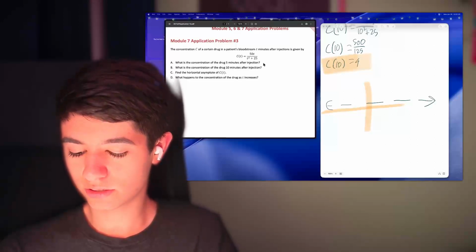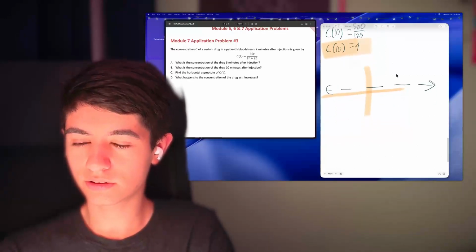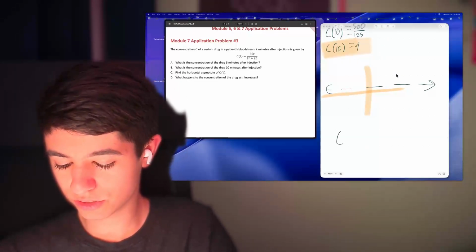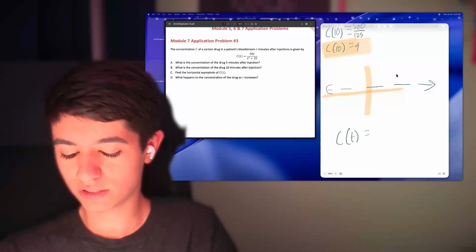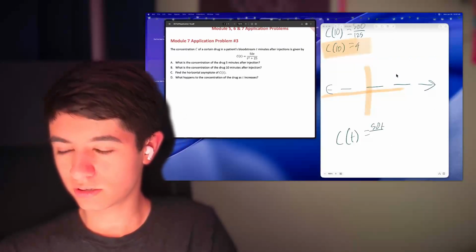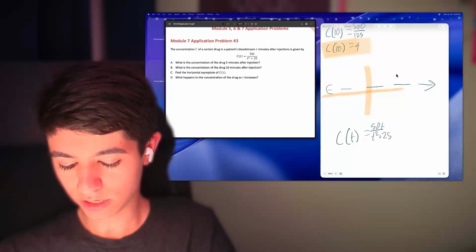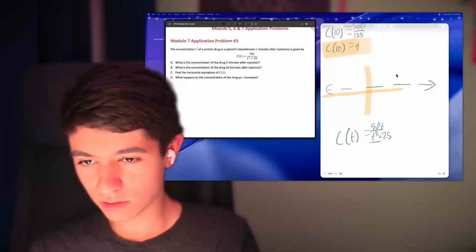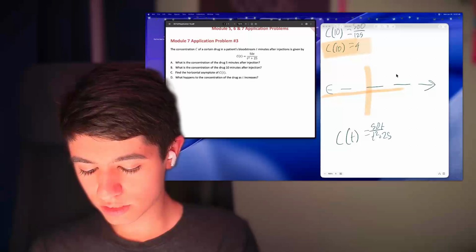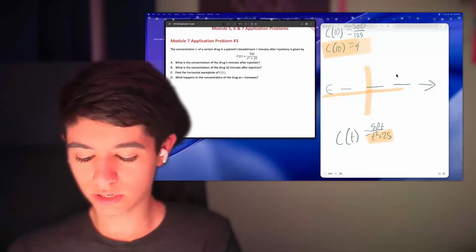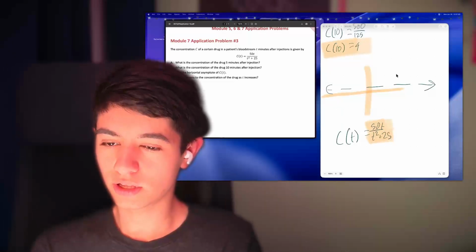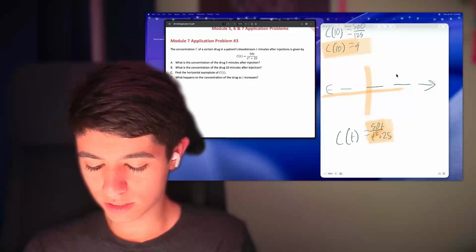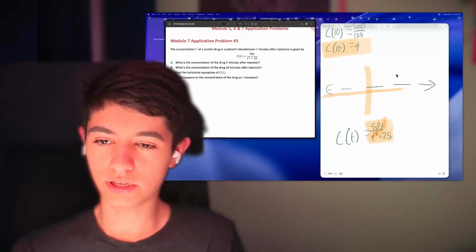because looking at the function, let's rewrite it down here. C of t equals 50t over t squared plus 25. Notice that the degree of the denominator is 2, meanwhile the degree of the numerator is only 1, because it's t squared and t to the power of 1 here.